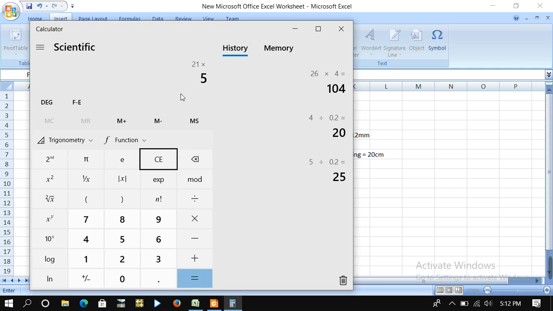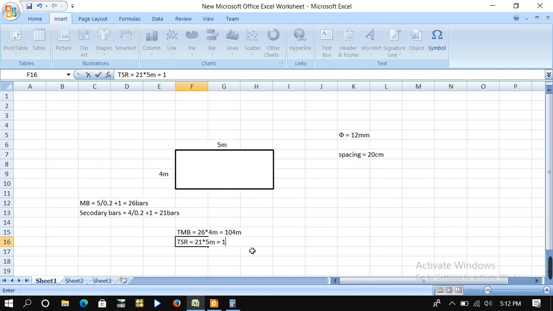After having finished this one, our main target here is finding the total weight of the reinforcement which is needed for this panel.